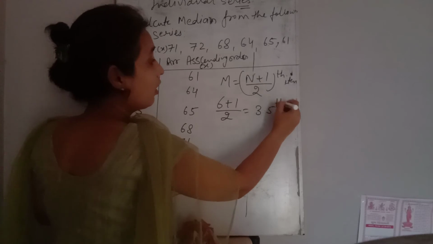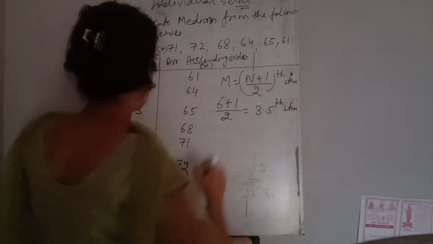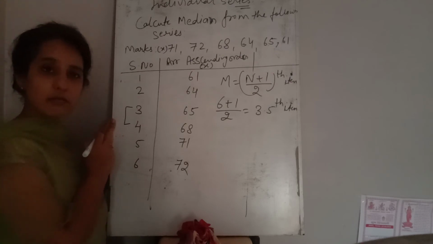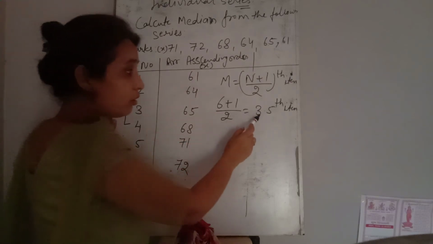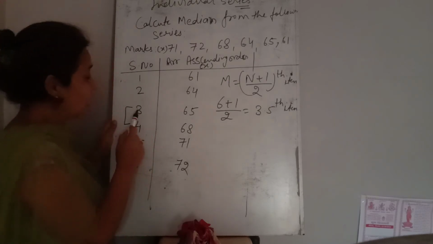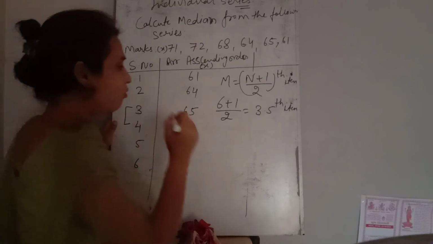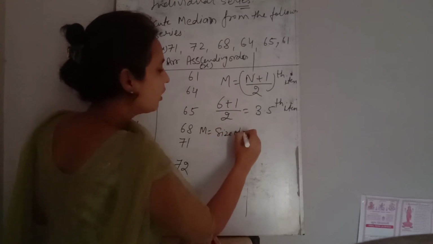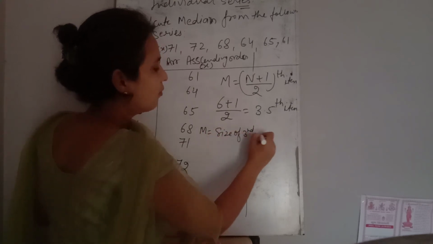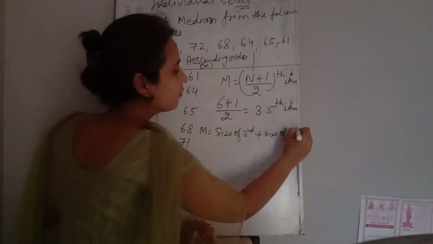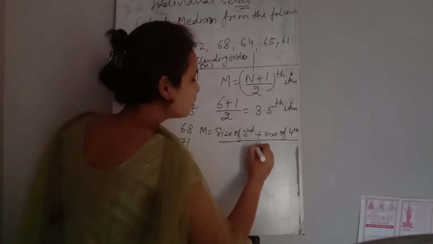Our answer lies between the third item and the fourth item, since 3.5 lies between 3 and 4. How to calculate median in that situation? Size of third item plus size of fourth item divided by 2.